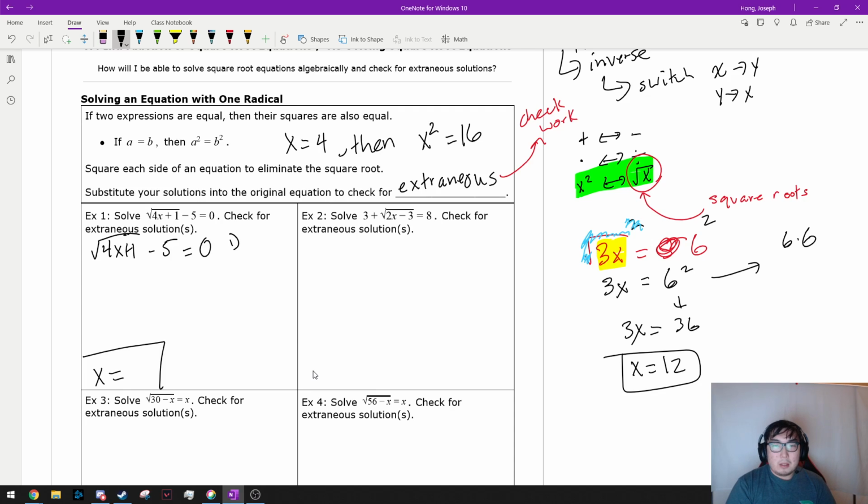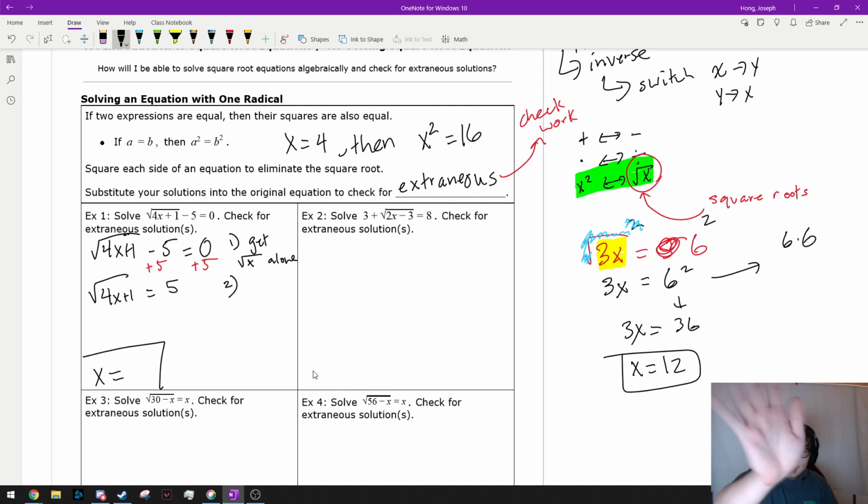Okay. The first step you would do is get the square root alone, which is really just adding the 5 on both sides. So this would be the square root of 4x plus 1 is equal to 5. Nice. What would be the second step here? We're going to square both sides.